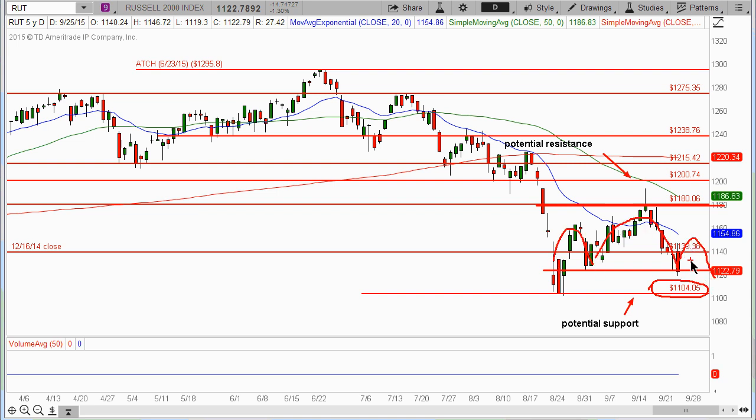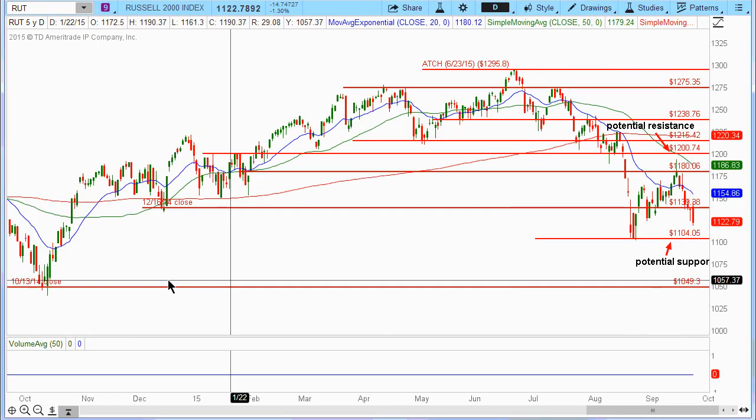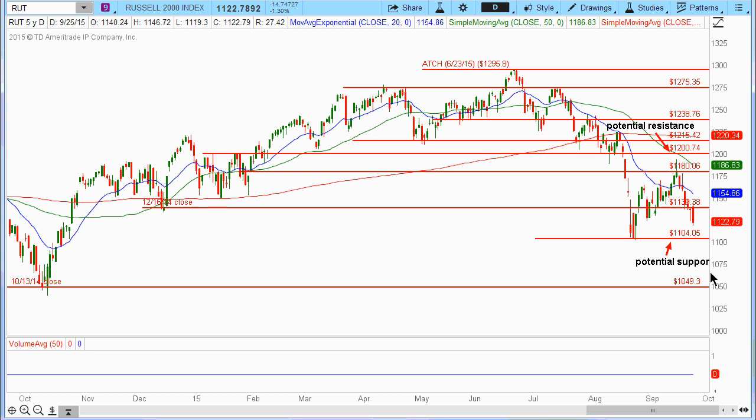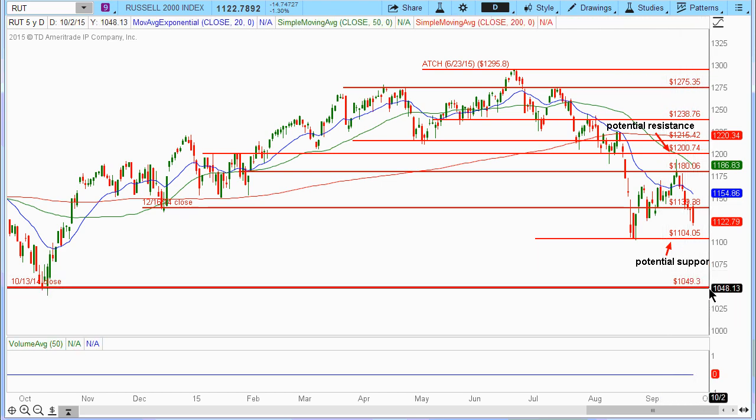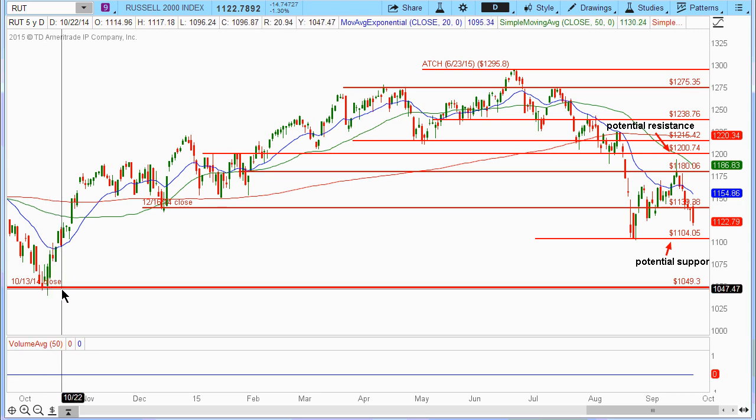All right, so it could come back up and maybe get up to this 1140 area and set up this right shoulder to take it down, and most likely with the measured move, it's going to break below this area here. Then we'd probably be looking at it to come back down and maybe test this 1049 area here, essentially the last October close.